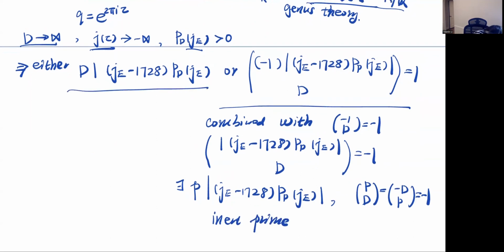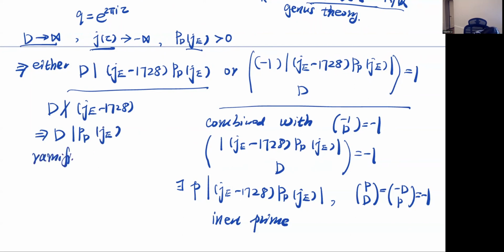And in the other case, recall that D does not divide JE minus 1728, so D has to divide PD of JE. So I get a ramified prime dividing this.